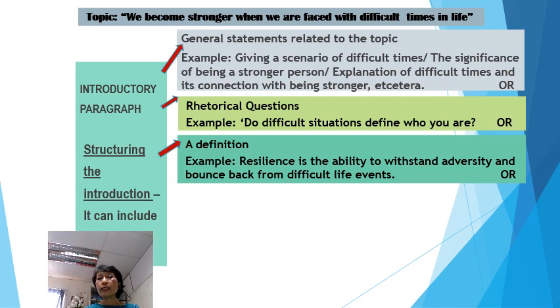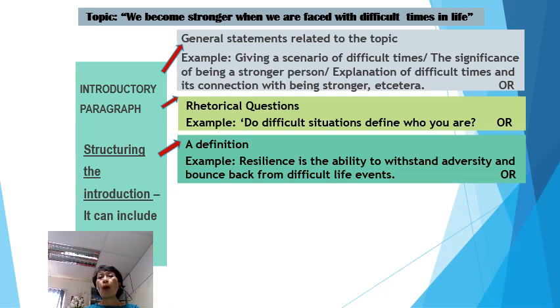So here, resilience is the ability to withstand adversity and bounce back from difficult life events. You can see how this is translated into a description of how difficult times shape a person, on how it makes one become stronger, something like that.